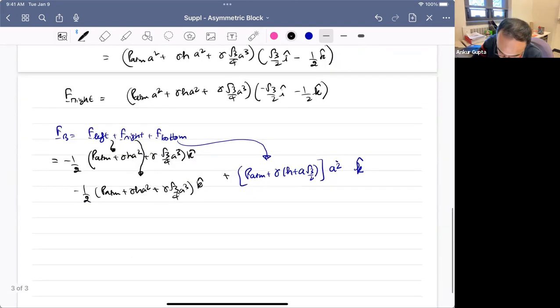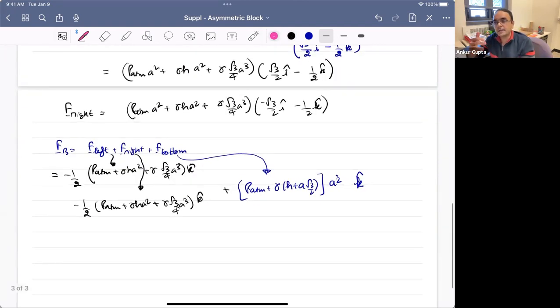So now let's sum them because everything is in k cap. I can just sum directly. First things first, note that P_atm gets cancelled out. Minus half becomes minus P_atm, and then P_atm gets cancelled out.